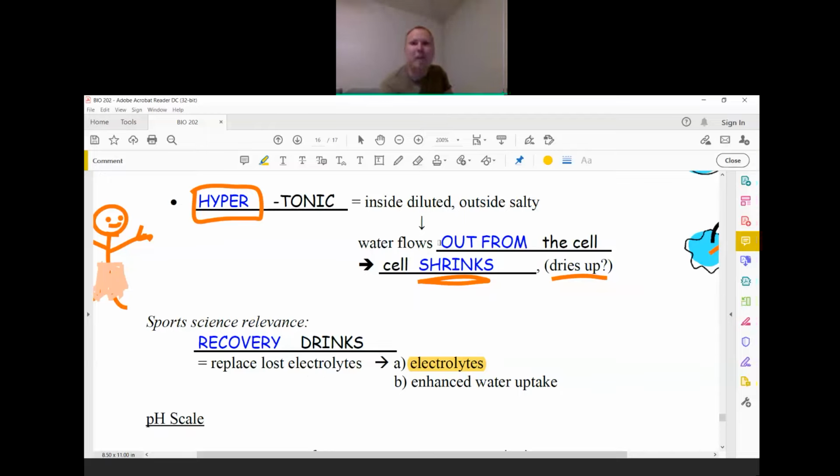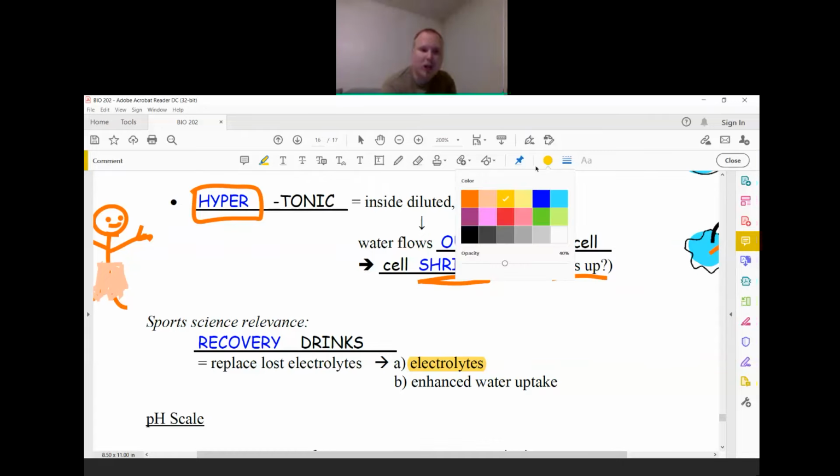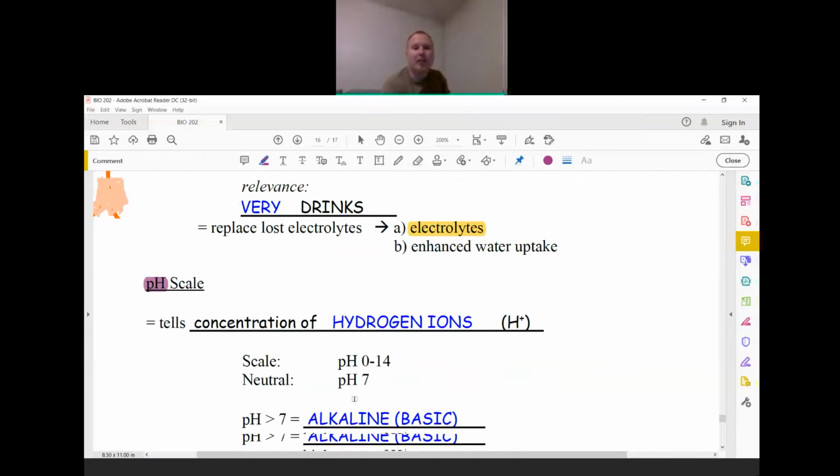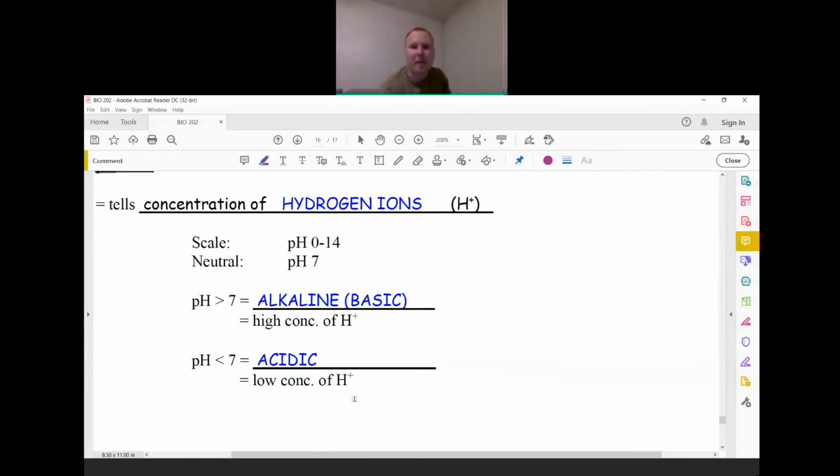And this leads us to talk about the final concept in this chapter, which is the pH scale and pH regulation in the body. So let's simply revise what we remember about the pH scale and take it from there.